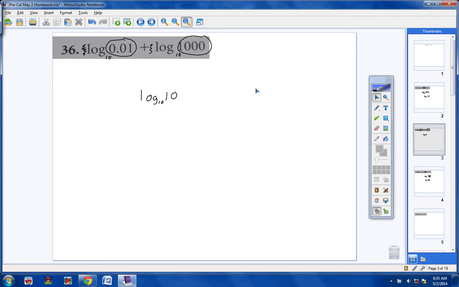And so going back to number 36, what you should do is set it equal to x, and then bring this base over. You would have 10 equals 10 to the x, and then obviously there's a 1 right here, and so 1 equals x, so this entire expression right here ends up equaling 1.